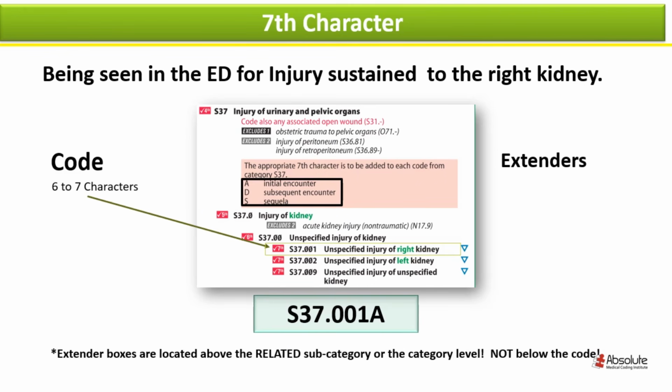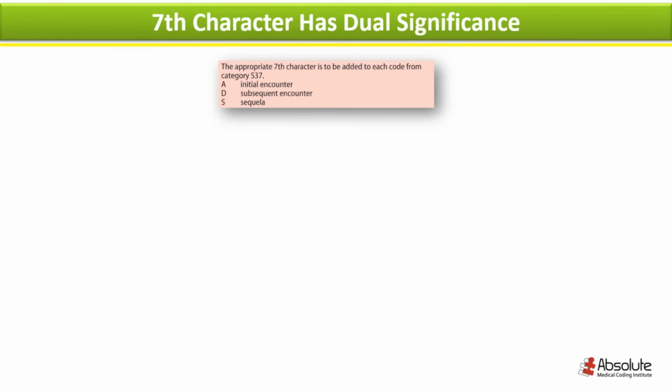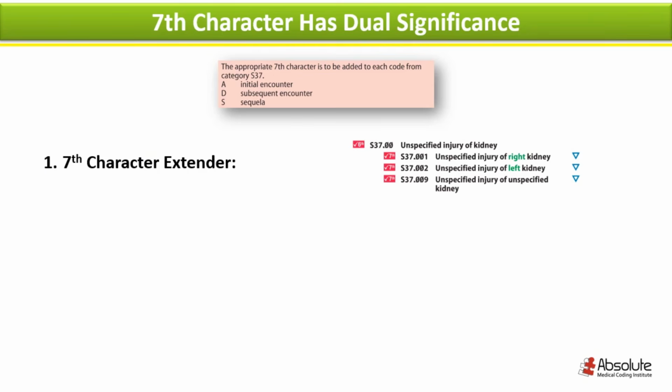All right. So now that we know how to select a 7th character extender, I got one more thing to tell you about. Well, 7th characters have a dual role. Yes, these extender boxes are used for 2 purposes. Number 1, to assign the 7th character extender for 6-character codes.